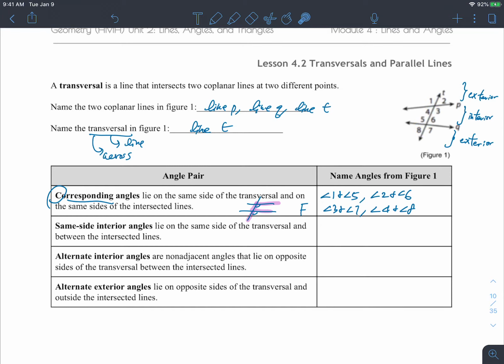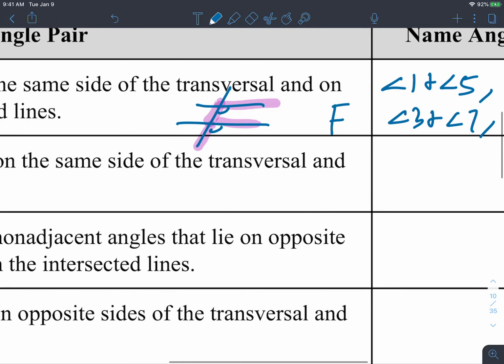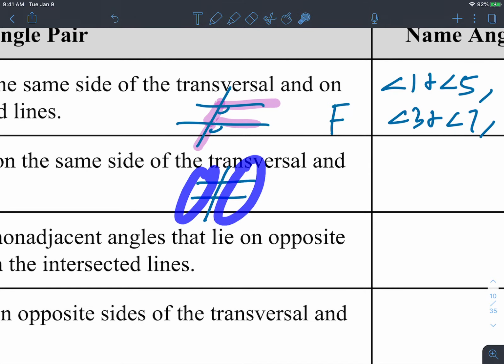How about the same side interior angles? In a different book, they might call these co-interior angles. They lie on the same side of the transversal and between the intersecting lines. So in that case, we may have something like this. Same side of the transversal, so it's either this side or this side, but they're interior. So we're talking about this angle and this angle.